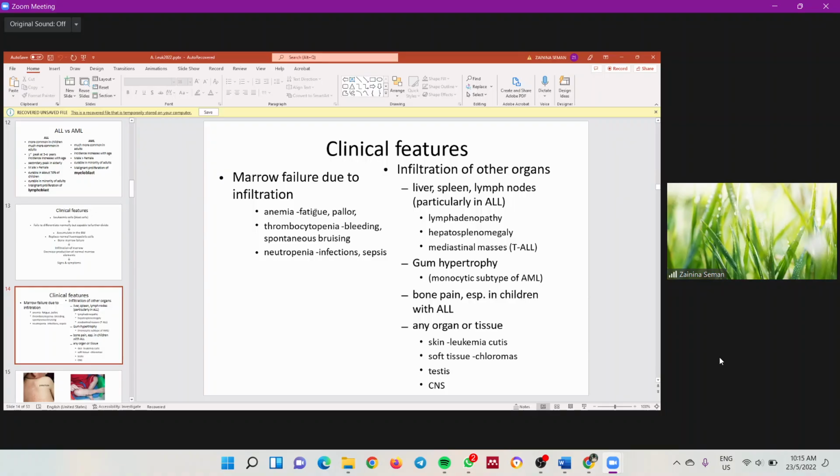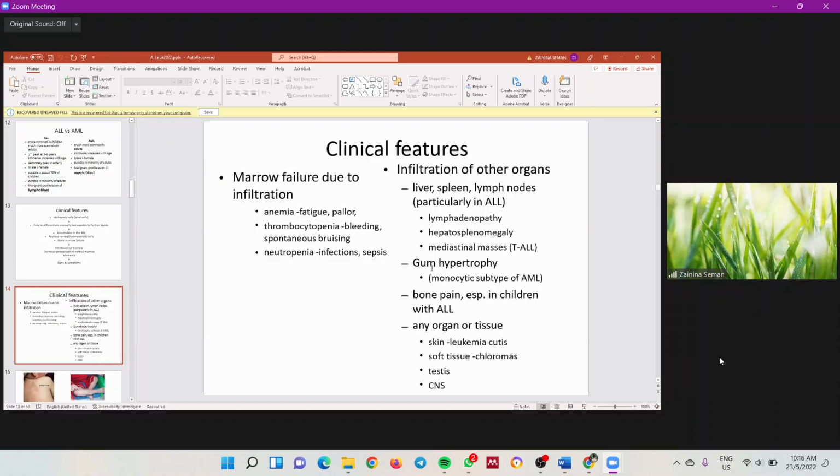Apart from marrow failure, acute leukemia patients also might have the blood cells infiltrate into other organs. These are among the most common infiltrations. The blood cells infiltrate the liver, spleen, as well as lymph nodes. So they have lymphadenopathy, hepatosplenomegaly, or even mediastinal masses. This is common in T-ALL.